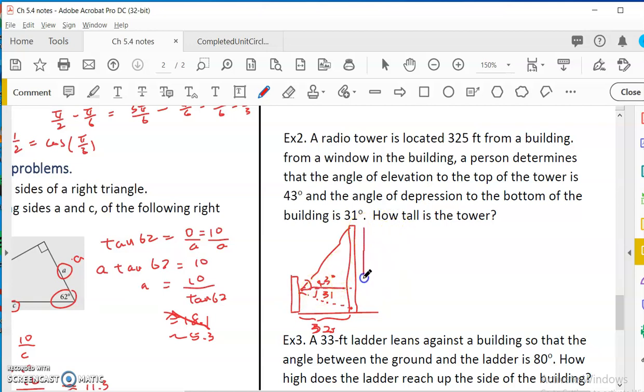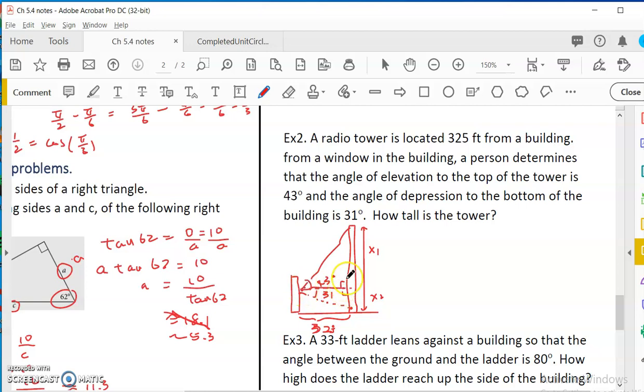So this would be finding these, right? Very similar to what we have done before. We have actually two right triangles. Basically, we would do x1 and x2. So the total tower height is x1 plus x2, and we would use one. If this is 325 horizontally, this would also be 325.